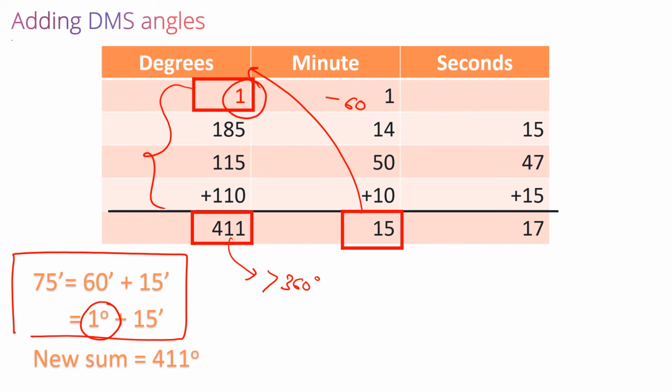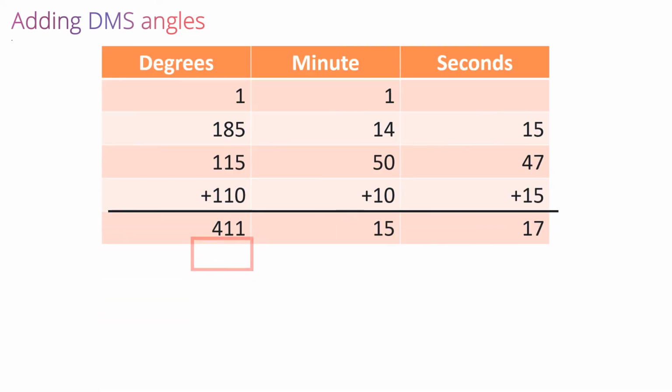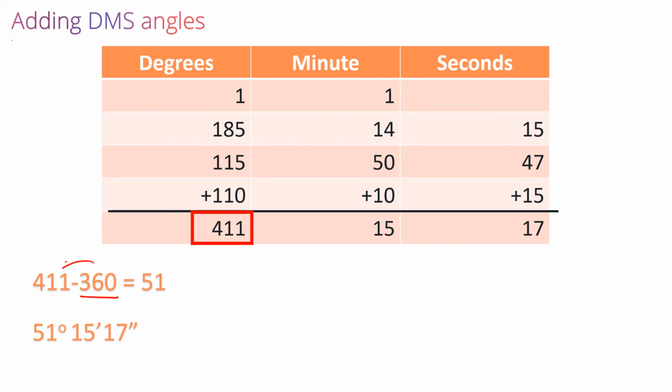So finally we subtract 360 from 411. That gives us 51. So our final answer is 51 degrees, 15 minutes and 17 seconds. Okay, this is how we add the degree values.